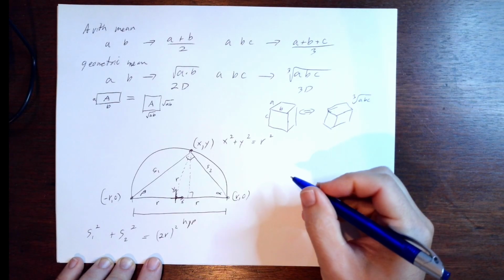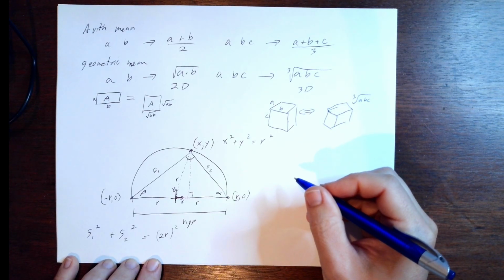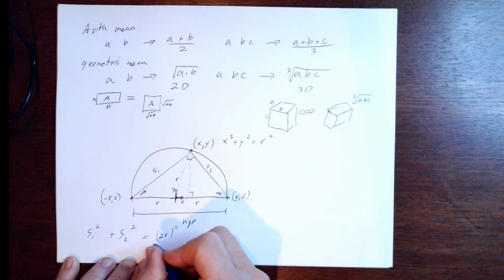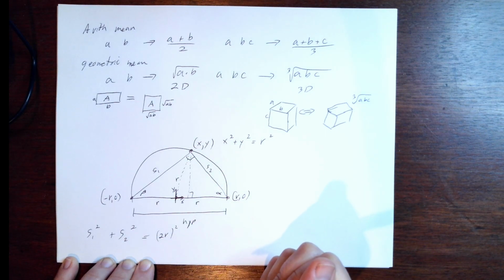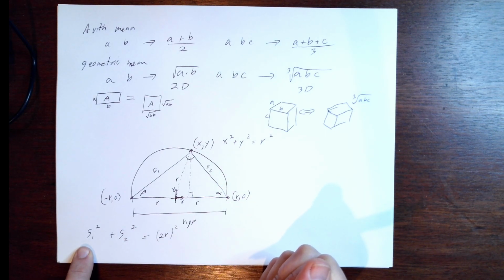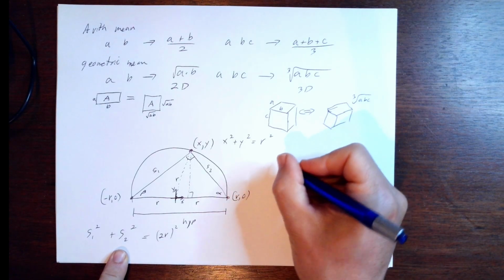All right, so let's get straight into the Pythagorean theorem for proving this. We already have a definition for the hypotenuse of the triangle. Our (2r) squared is straightforward, it's good. But what are we going to call S1 and S2, and how are those going to work?